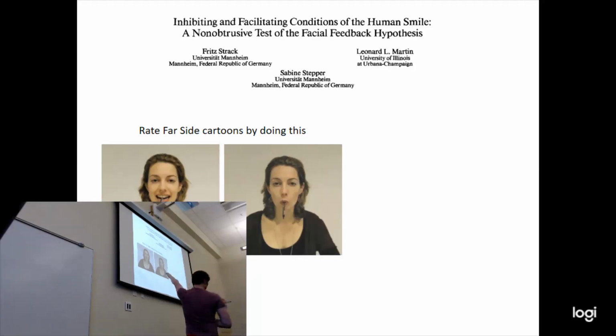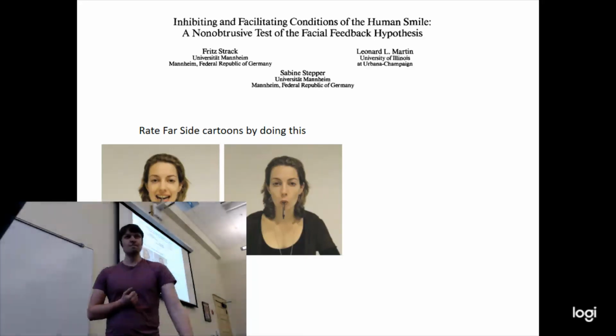Or they rated the cartoons like this. So the idea is that if you've got your lips extended, it's kind of like a smile. That's one of those aspects of your body that might influence your emotions. If you're making an expression like a smile, you might find the cartoons funnier. And the reverse is true if your lips are touching the pen. That's supposed to be like a pouting expression.